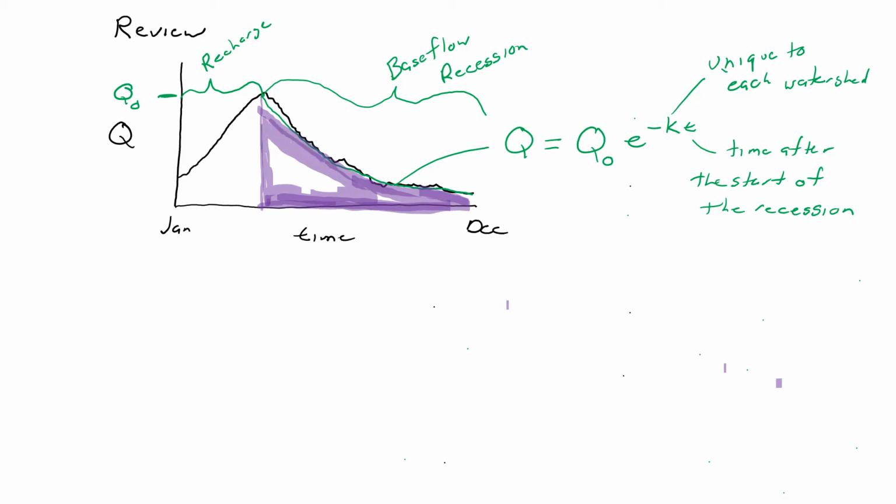What that actually means is, so you have Q. Let's just say it is in meters cubed per second. And you have time. If you multiply meters cubed per second by time, let's say in seconds, what do you get?